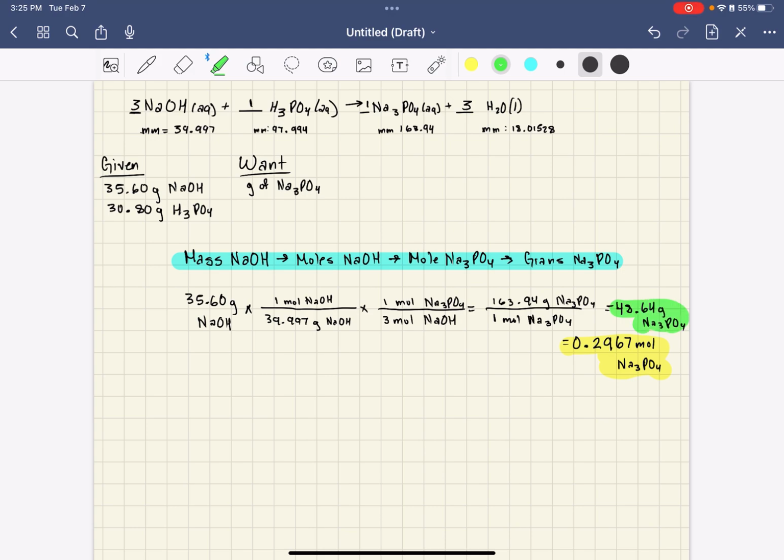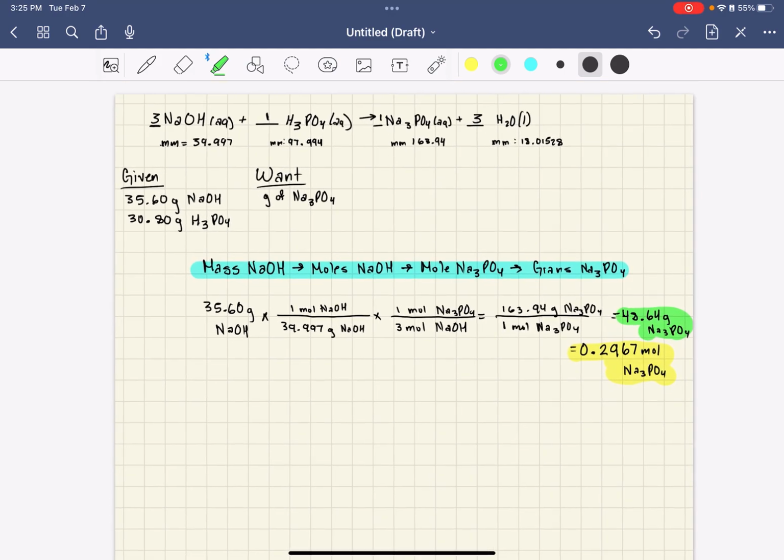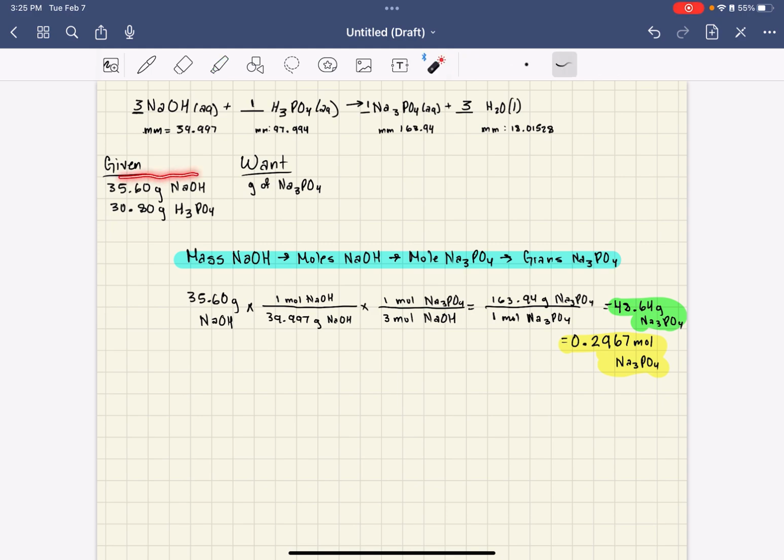So that is just for the first compound that is given for us. Now we got to go with the second one. Okay, so first, like always, we got to do our stoichiometry map so that we don't get confused or make any mistakes. So here, the compound that we're going to use is H3PO4.